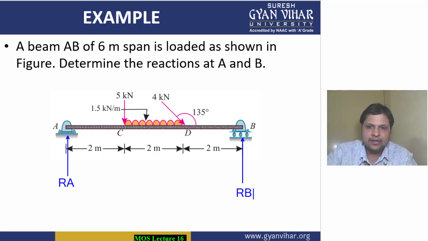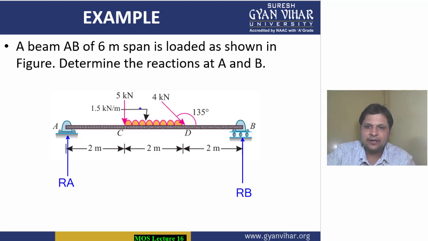Now, first of all have a look at the supports given at ends A and B. At end A you can see the support is a hinge support, and at support B you have the roller support.